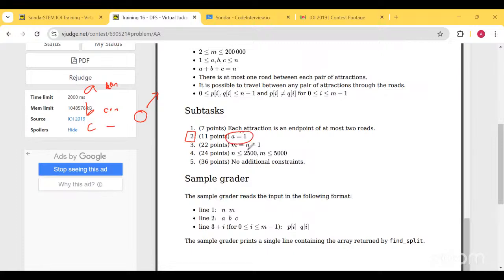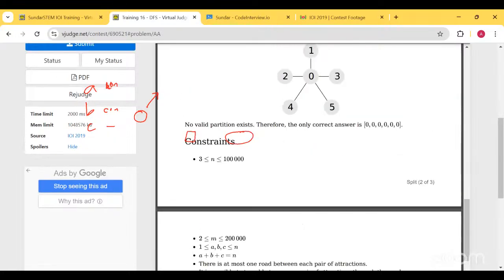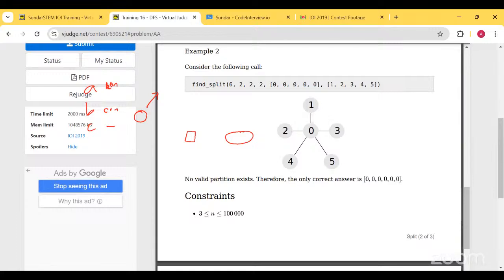How to find the configuration? Remove any node U and check the size of its component. What if in this problem we have 1, 2, 3 like this?